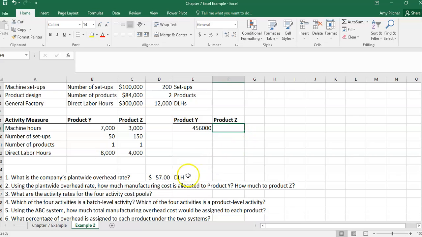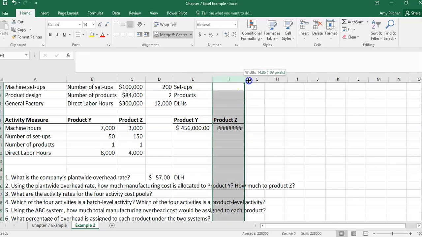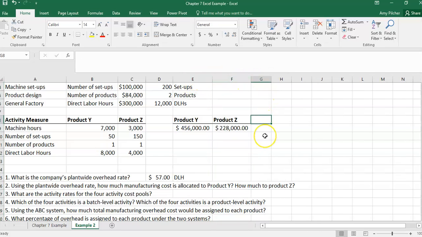And for product Z, we have the rate of 57 per direct labor hour times the 4,000 direct labor hours for product Z. This is our single plant-wide rate.